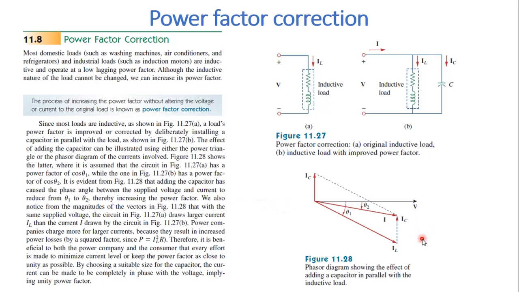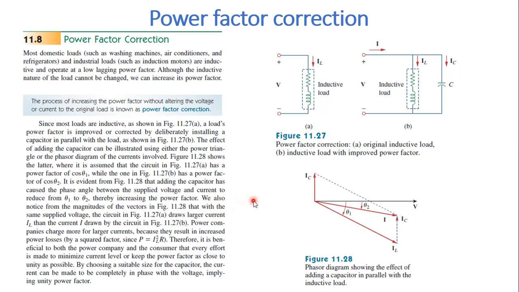It is clear from this diagram that by adding a capacitor, the phase angle between voltage and current gets reduced. If you compare theta 1 and theta 2, theta 1 is larger than theta 2. Our ultimate aim is to bring the voltage and current in phase with each other so that we get a power factor of 1.